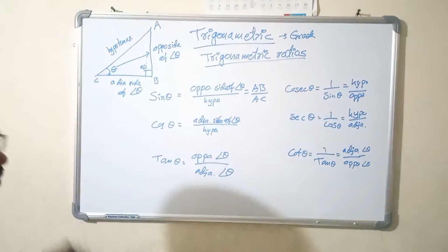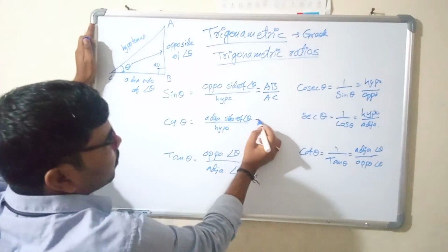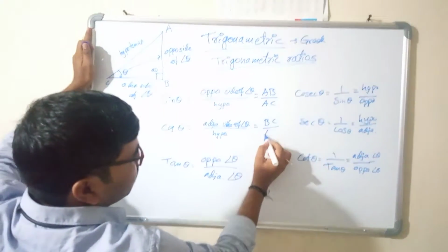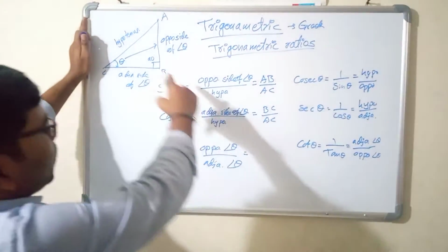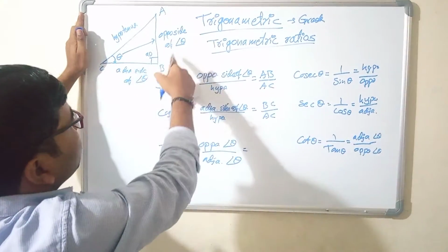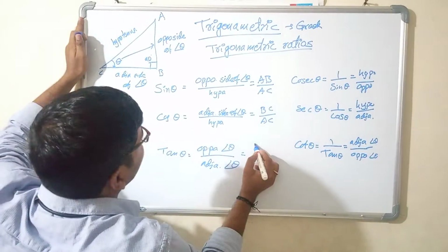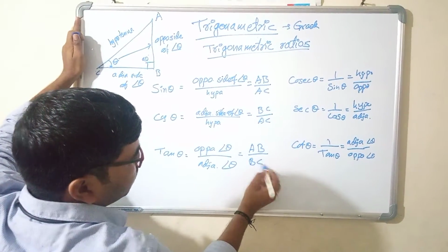The adjacent side is BC, so cos theta equals BC by AC. Next, tan theta is the opposite side of angle theta by the adjacent side of theta: AB by BC.